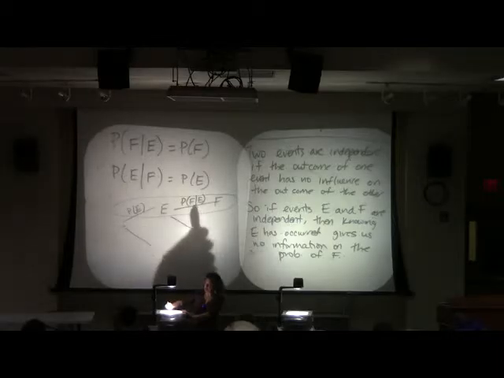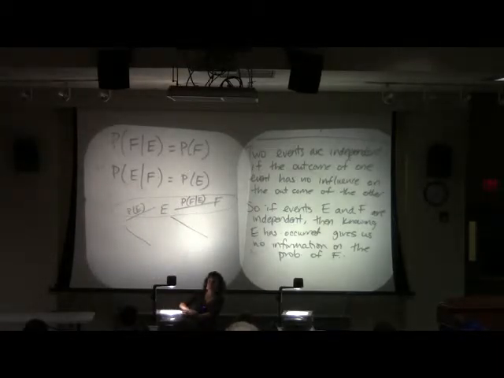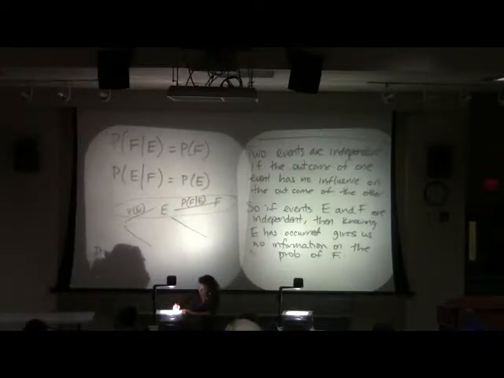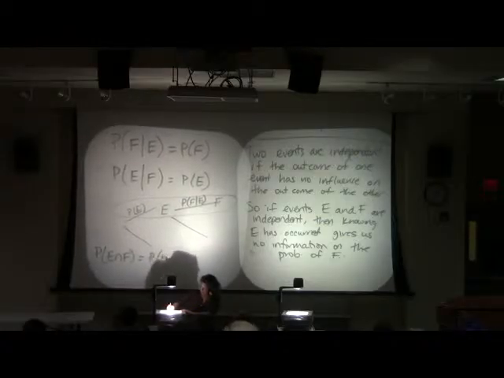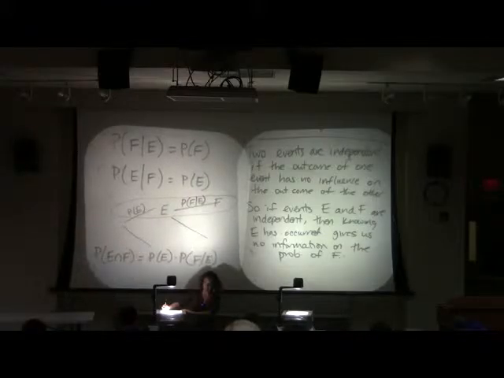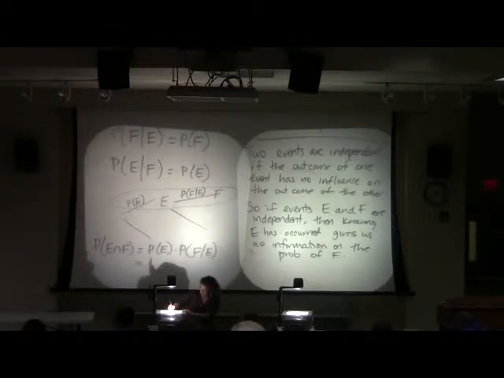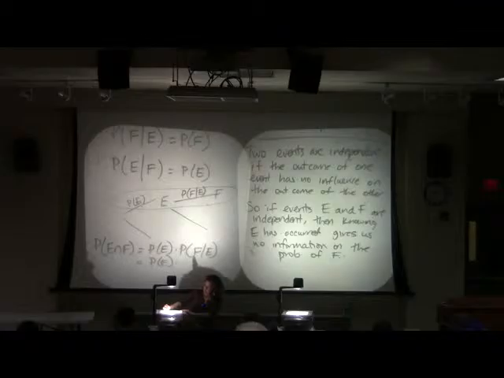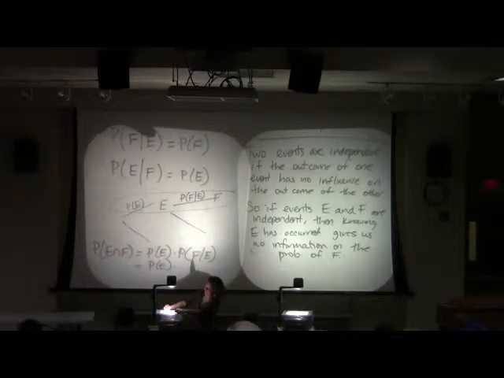I multiplied, didn't I? The probability that E and F happens is equal to the probability of E times the probability of F, given that E happened. We just multiplied along the branch. But if these are independent, what is the probability of F, given that E happened? Isn't it just the probability of F?